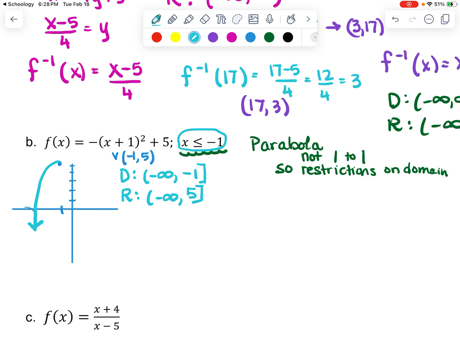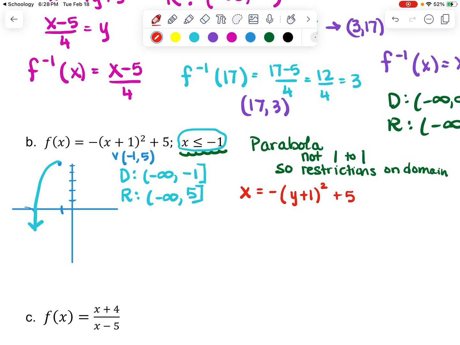Now, we have the one-to-one function and we go and get the inverse. We're going to do the exact same thing. So I'm going to switch x's and y's. So x equals the opposite of (y plus 1) quantity squared plus 5. And I have to solve for y.